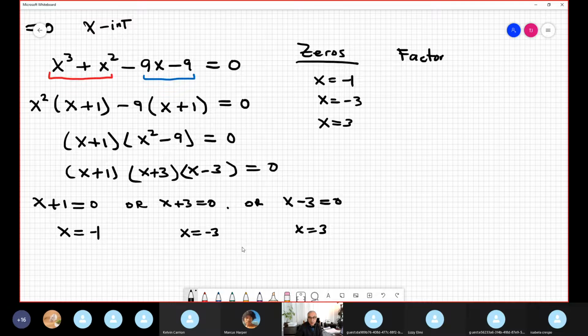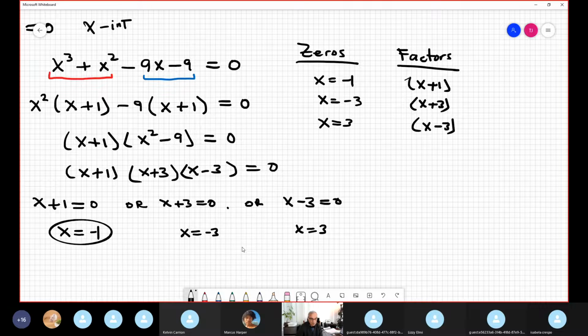The factors that we have in this polynomial are x plus 1, x plus 3, and x minus 3. Super easy. And the multiplicity. What does multiplicity mean? When the 0 is not repeated, it's unique. -1 is only 1. -3 is only 1. And +3 is only 1. Entonces it's not repeated. That means the multiplicity is 1.